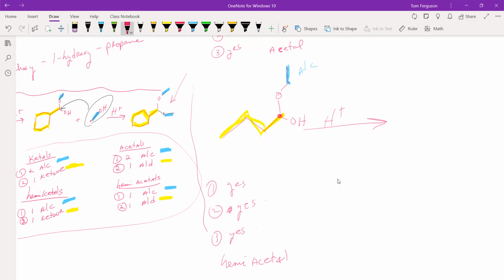That means we started with an aldehyde, if there's H's there. So H is present, so we start with an aldehyde. We have a backbone of how many carbons? 1, 2, 3, 4. So that's a 4-carbon aldehyde.